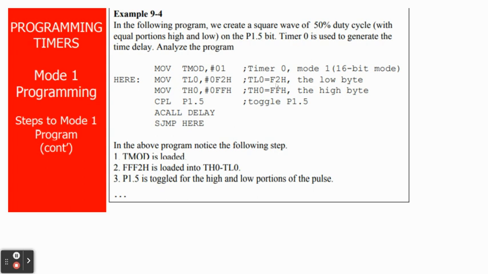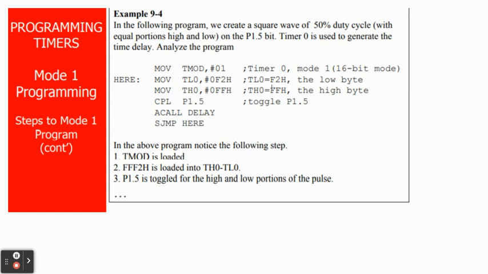It can be a variable because it starts with a letter. Therefore, the rule here is every time you want to put a hexadecimal number to TL0, you need to put a 0 before the letter F. That's a requirement. So #0F2H actually means F2. So TL0 will have a value of F2.